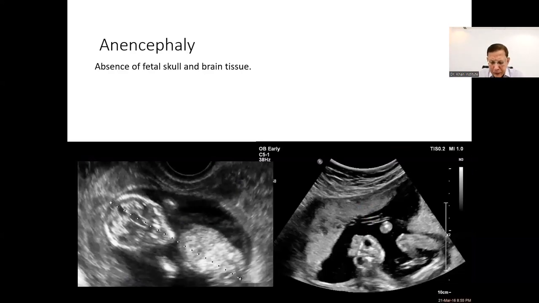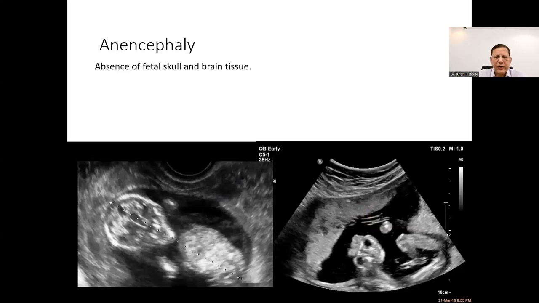Anencephaly means the absence of skull or brain tissue. Now, look, when there is no bony skull around the fetal head, and normally 80-90% of the main brain, that is the cerebral hemisphere, is also not present.